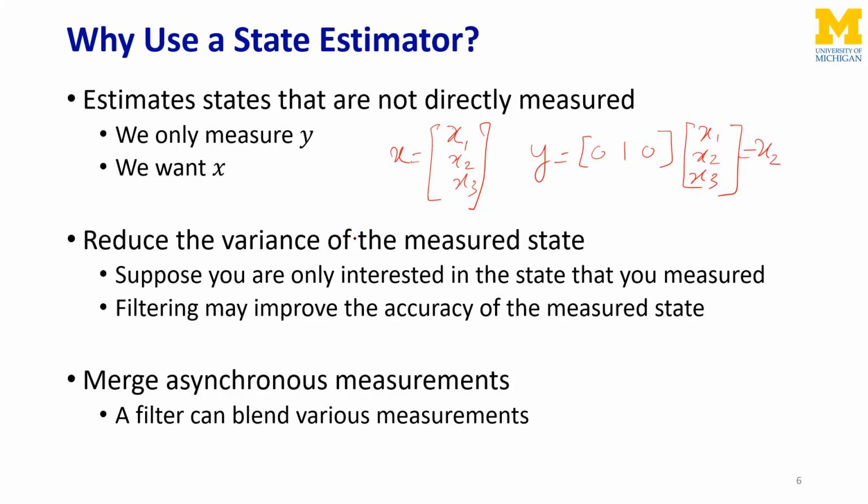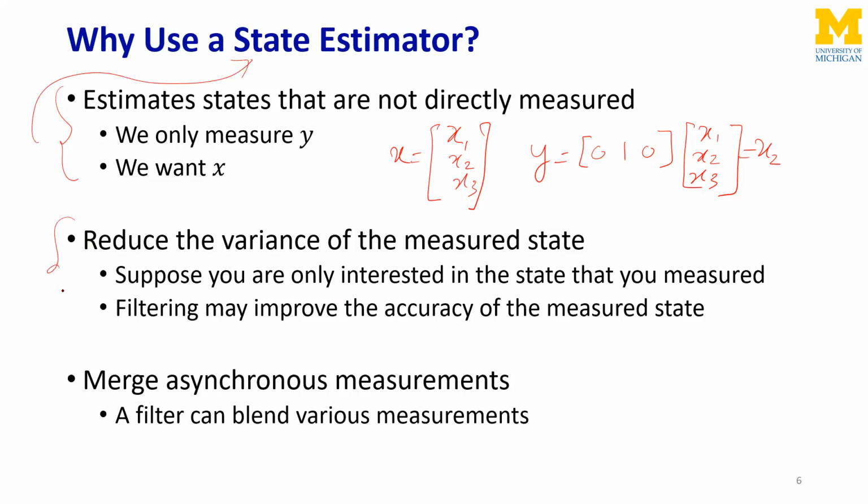You may want to know what the first and third states are. So you may want to use a state estimator to find what x1 and x3 are using the measurement of x2. And so that's kind of obvious, and that's in the name.